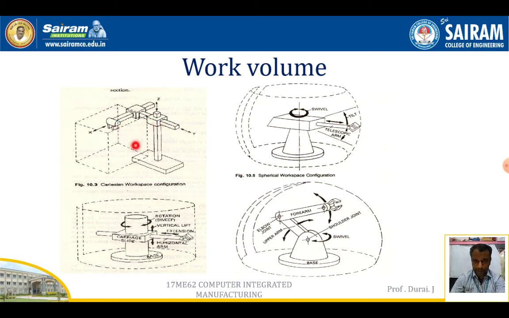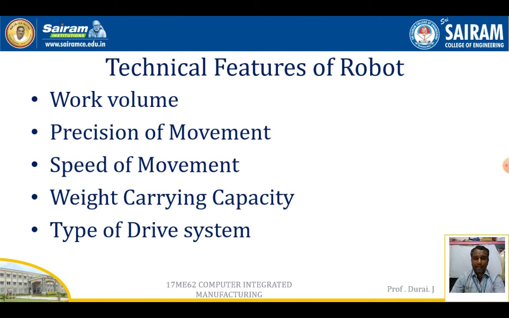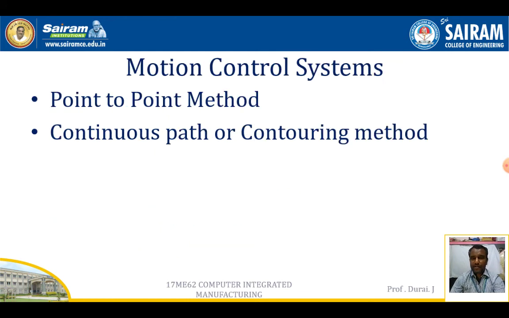If you take the Cartesian configuration, the maximum movement of the end effector is up to the rectangular dotted line they have given. The same applies to the polar coordinate system. Within this volume it has to move, and the maximum reach of the end effector is this point. The same goes for the other configurations also. So that is called work volume.